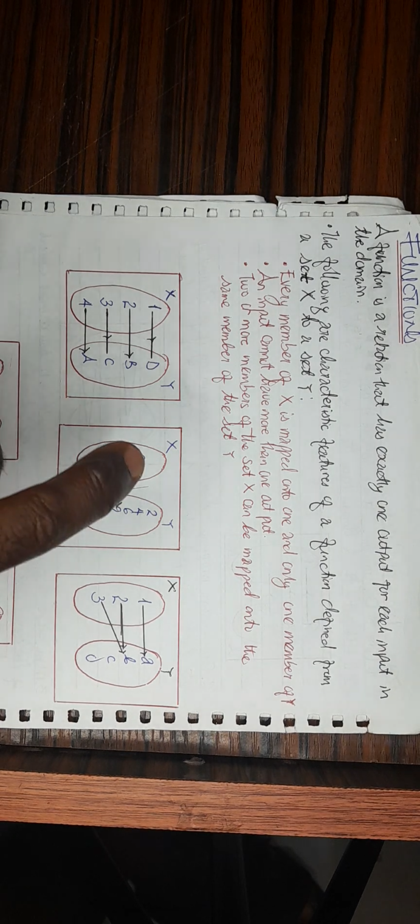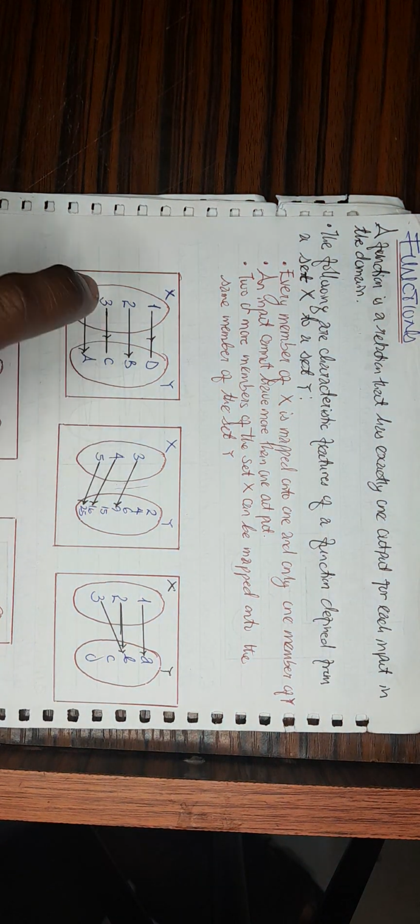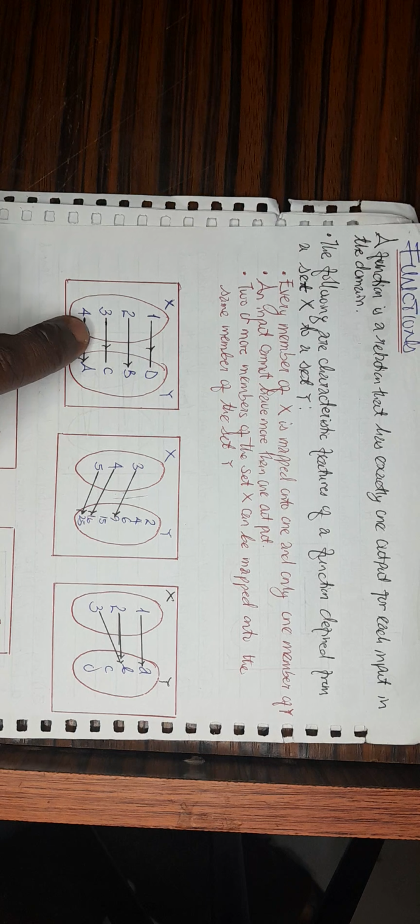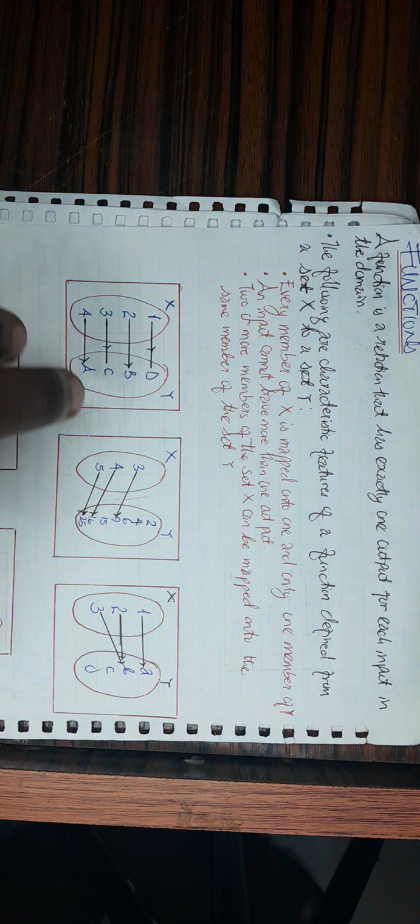I will categorize this as a one-to-one function. The only difference from the first one we discussed is that there the range is equal to the codomain, but here the range is not equal to the codomain. So we say the range is a subset of the codomain.